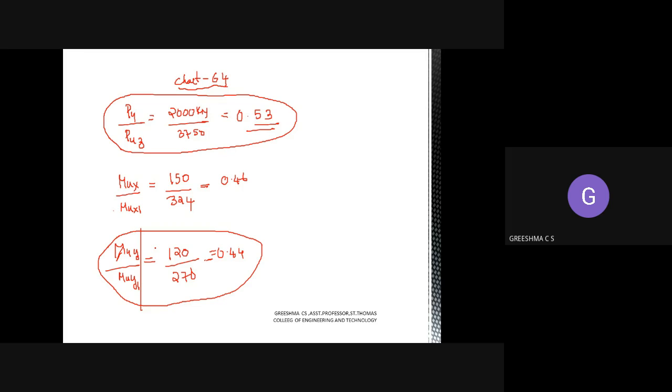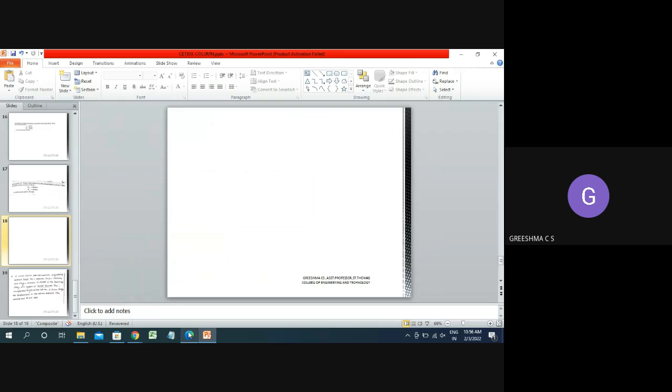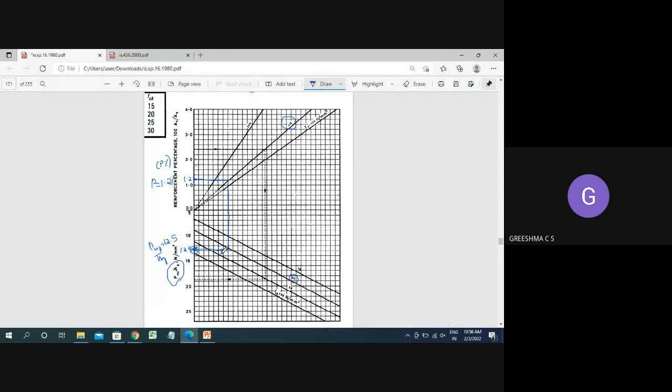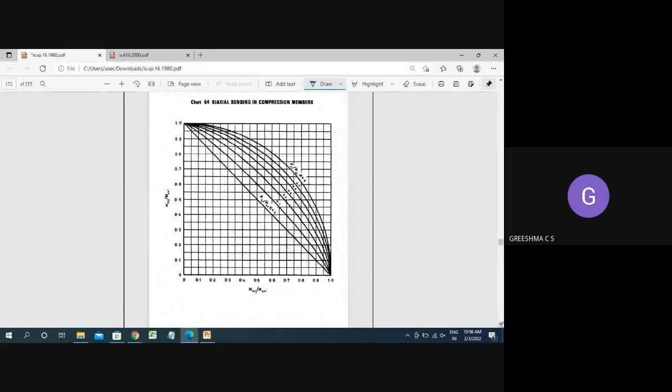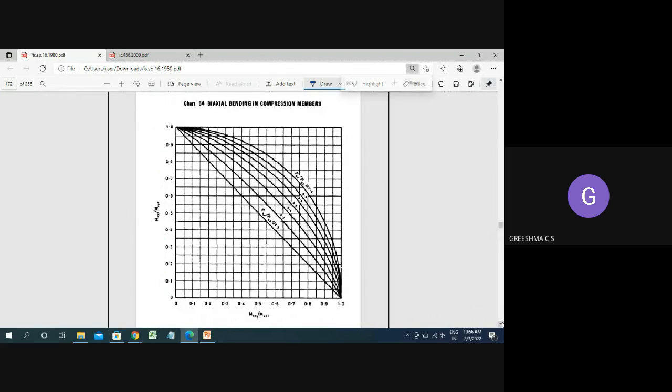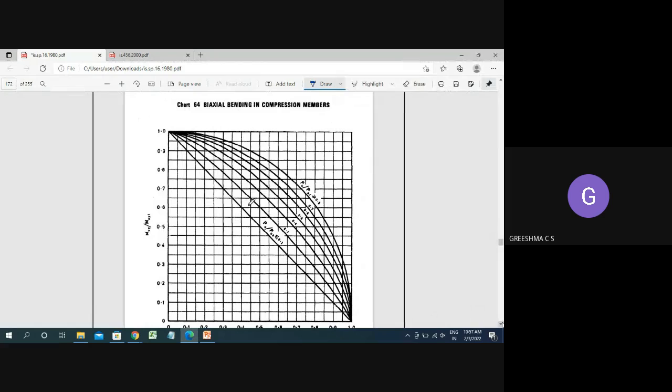Now take the chart. Take the chart of SP16, the chart just below, that is chart 64. In chart 64 you can see the curves that indicate Pu divided by Puz values.